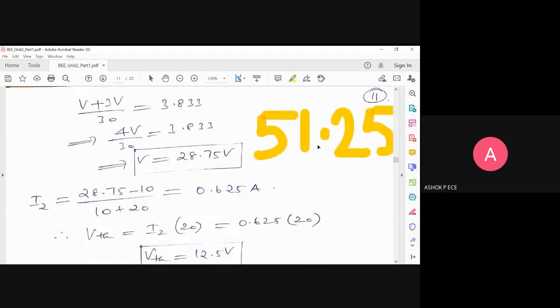So this V value is 51.25 volt and I want I2. So find I2. (51.25 minus 10) by (10 plus 20). This current will also be wrong. Find the current through the 20 ohm resistor.